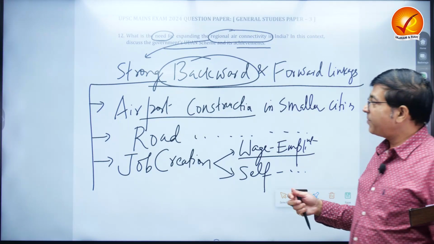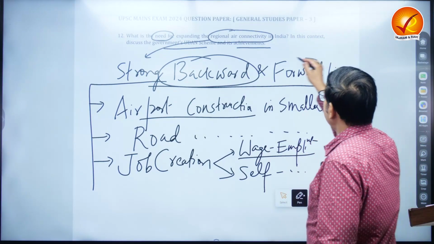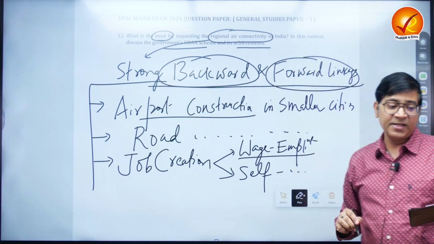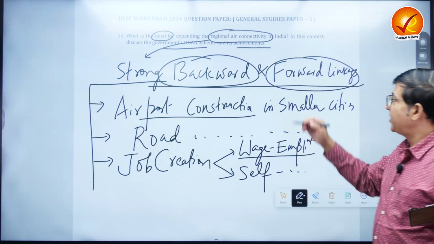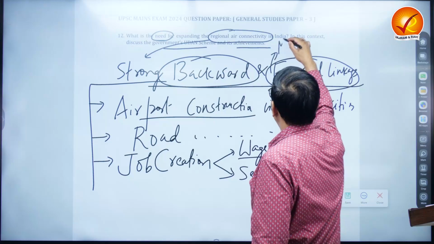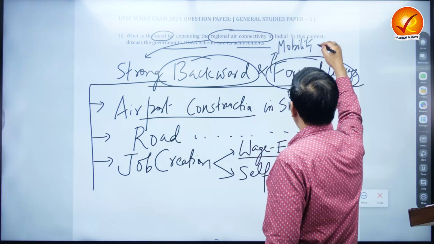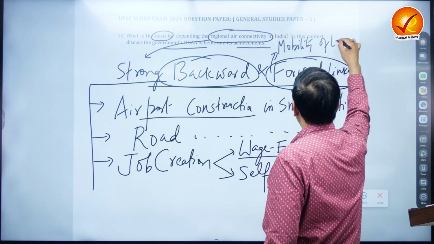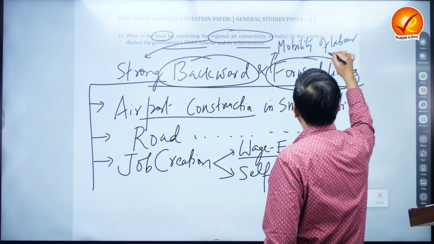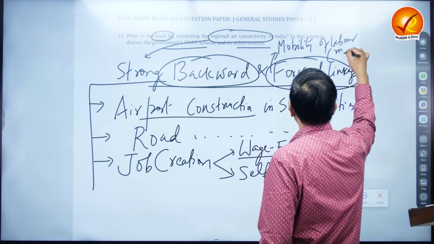Okay. There can be forward linkages also. So what kind of forward linkages we can talk about? The mobility of labor. For any country which is developing, mobility of labor is very important, mainly the skilled ones.